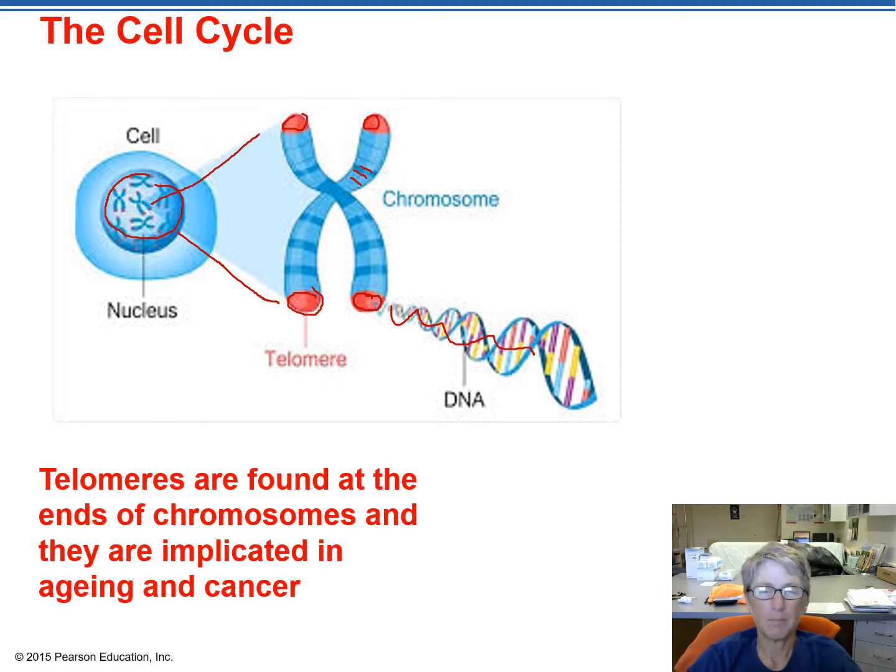The chromosome is made up of DNA and proteins, but in this cartoon, it's just showing the DNA unwound. Telomeres are found at the end of chromosomes. They're implicated in aging and cancer, so a lot of scientists are studying how telomeres shorten over time to understand cancer.